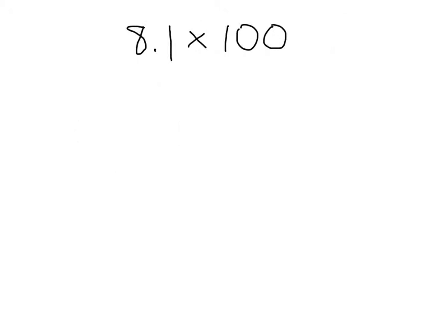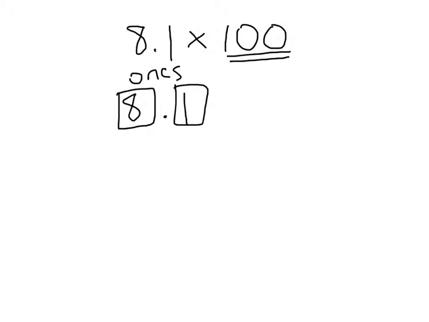Here we have 8.1 times 100, and if we're multiplying by 100, we're actually multiplying by 10 twice. So we're going to end up moving 2 place values. Currently, the 8 is in the ones place, where we have the 0.1, and that 0.1 there, 8.1, or 8 and 1/10.